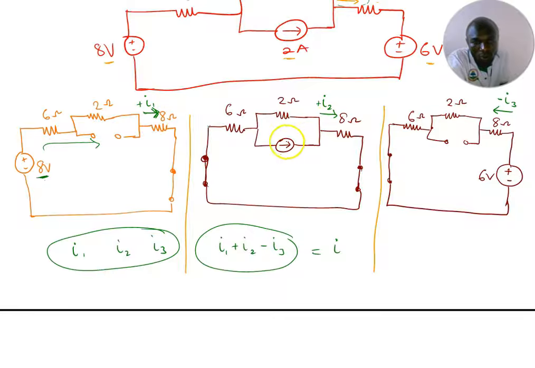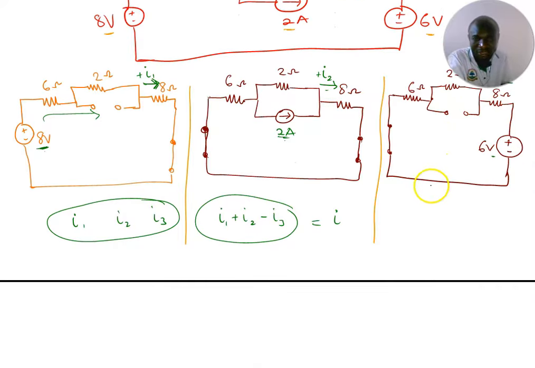And you also want to know what the 2 amps is contributing towards the I, the current flowing to the 8 ohm resistor. Then we also analyze the impact of the 6 volts battery on the 8 ohm resistor. You get it? And after knowing the impacts, we just add them to get our I. You see how simple it is?